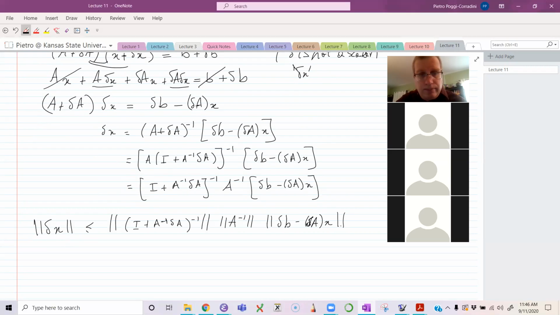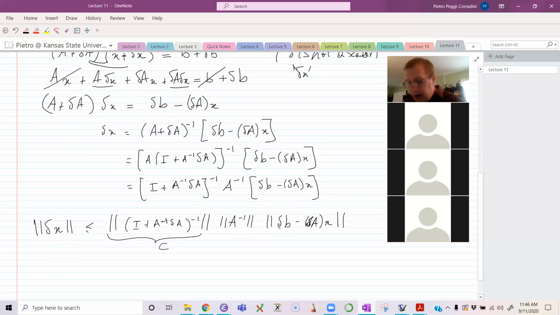And then if I use the triangle inequality, I want to think of this as some kind of constant here. Here we are perturbing the identity by a little bit and taking the inverse and a norm. So this should not be too bad of a constant. What matters here is this norm of the inverse.